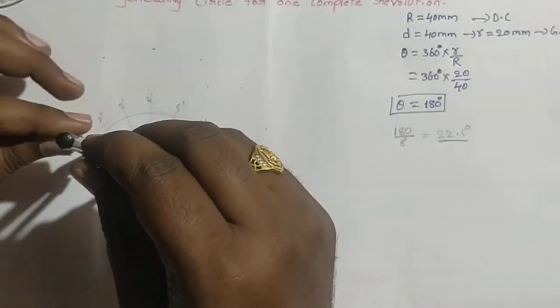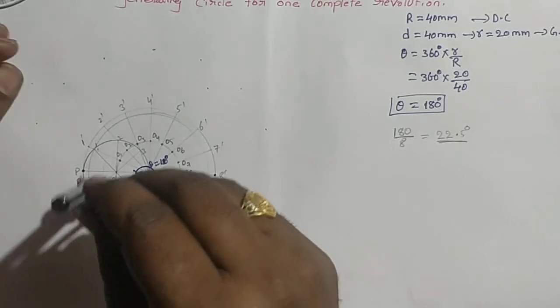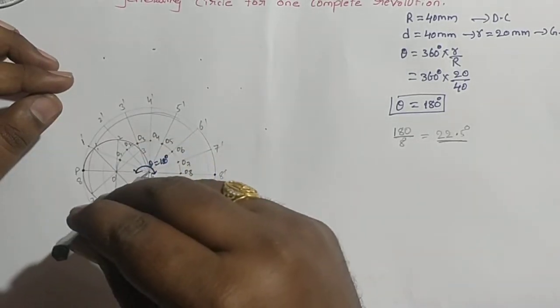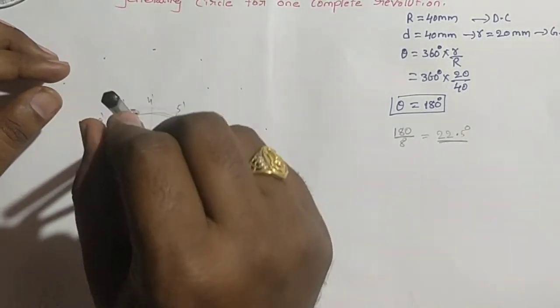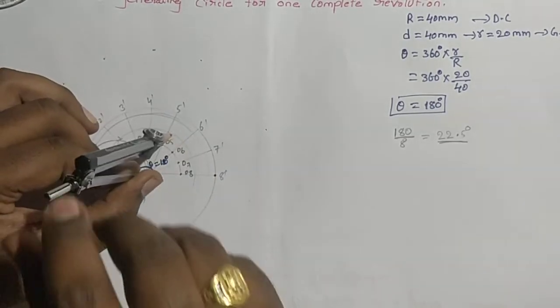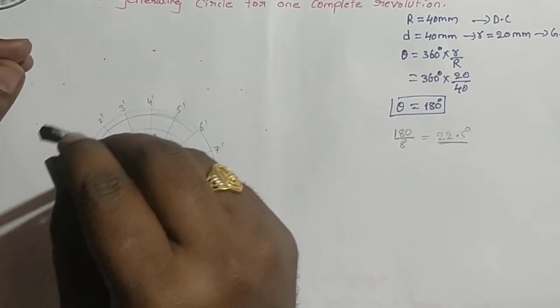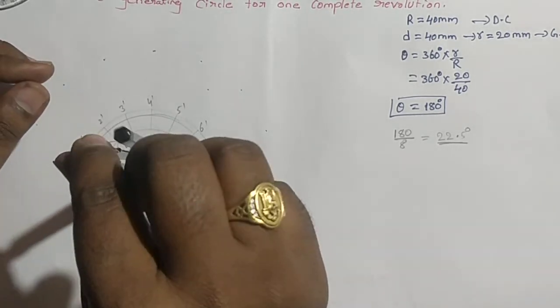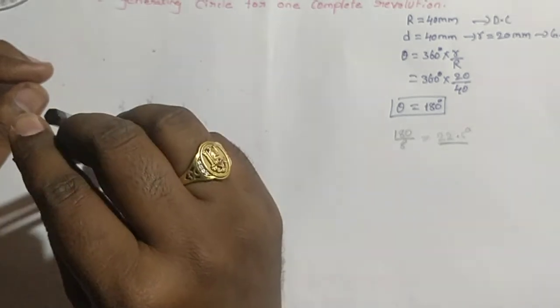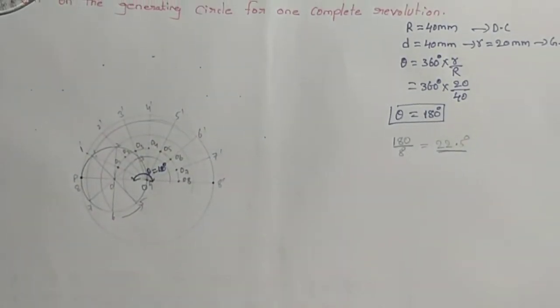Next, similarly, O2 and O6; here 2 and 6 are in the same line. Next, similarly, O3 and O5; O3 and O5 are also in the same line. Now we got all the points.